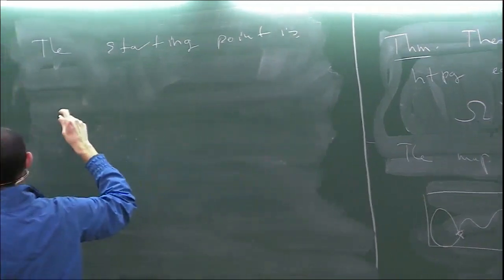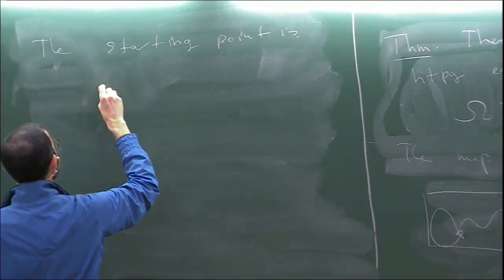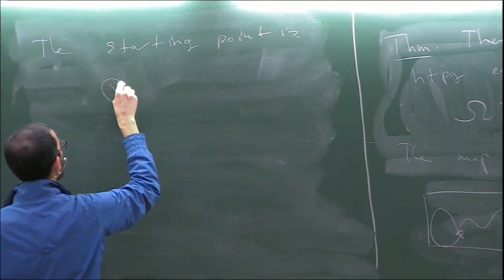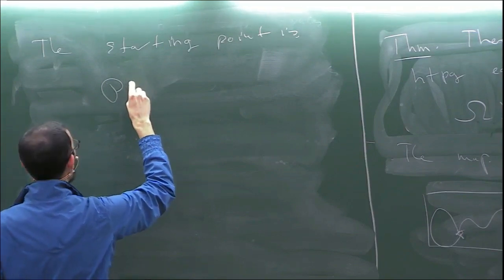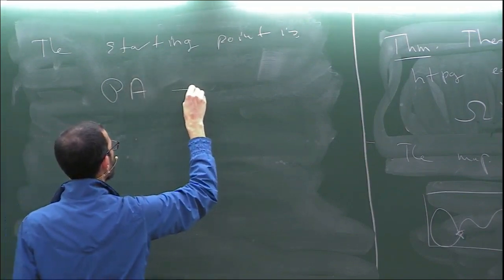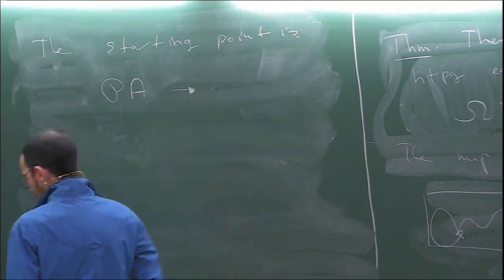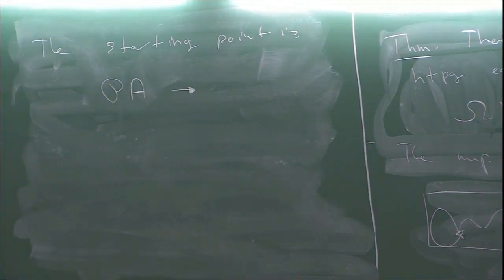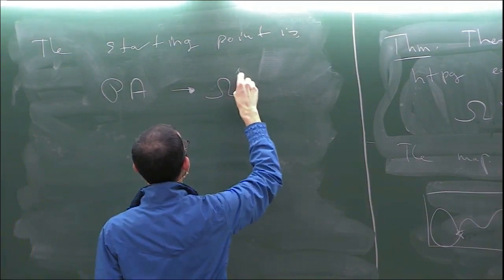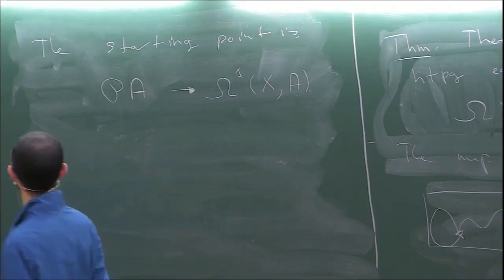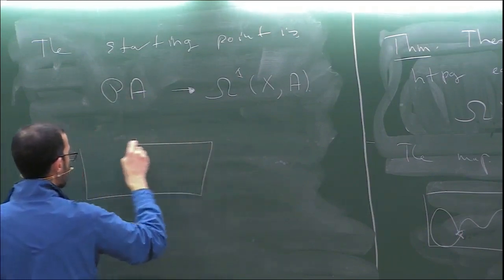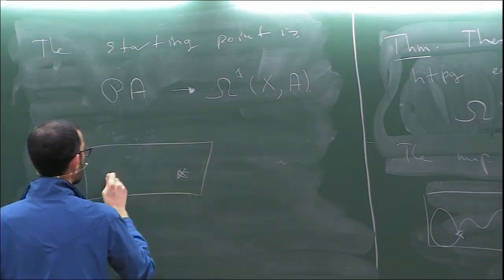So the starting point is the map that I introduced earlier from the path space of A to loop 1 of X. Okay, so just to make sure we understand what's happening, here's the base point.